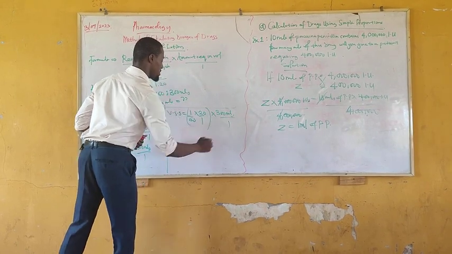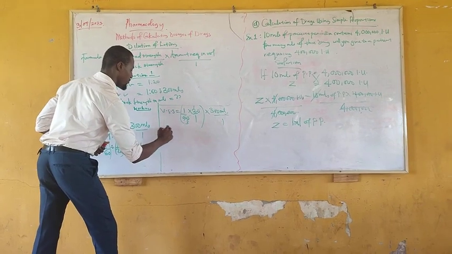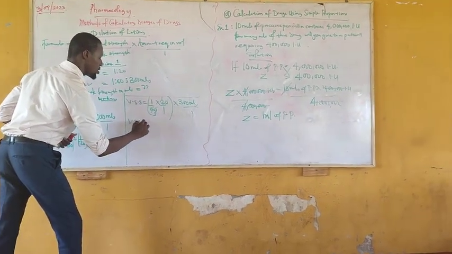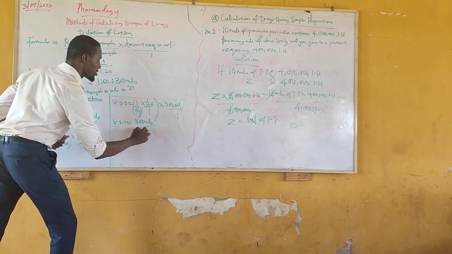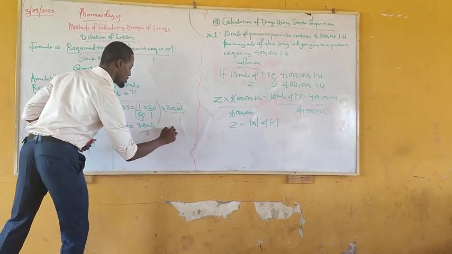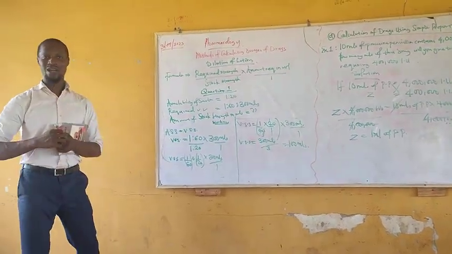Please keep the list there. 120 here, 120 here, 3. So we have VSS equals 300 mils over 3. So what we have is 100 mils.